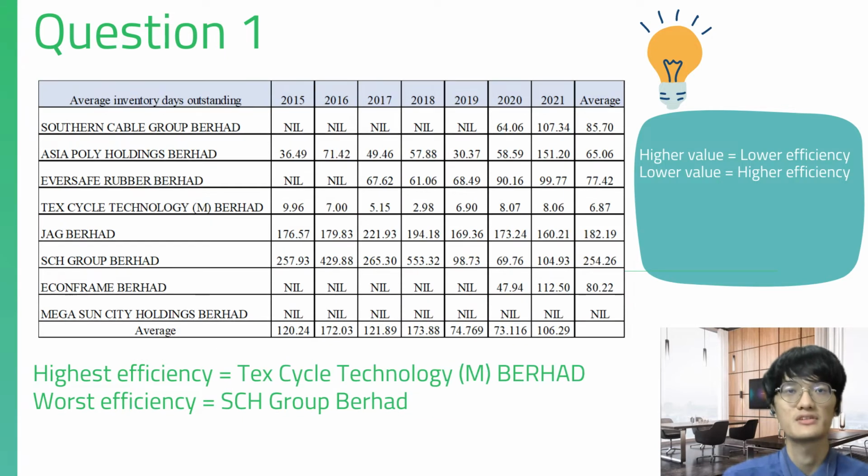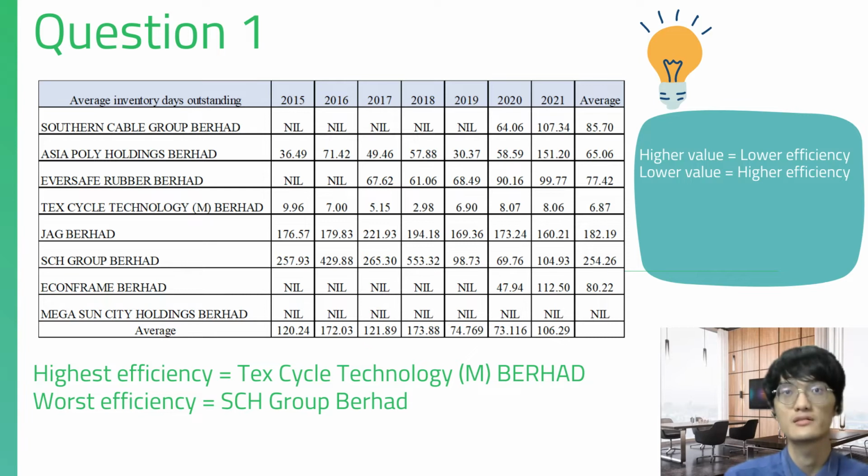Moving forward, average inventory days outstanding. Ideally, average inventory days outstanding should stay as low as possible, as the time required for inventory to be available for sales is lower. The company that has the lowest average inventory days outstanding is TechCycle Technology Berhad, which recorded a value of 8.06 in the 7 years average, while the company that has the highest average inventory days outstanding is Jack Berhad, which recorded a value of 160.21.